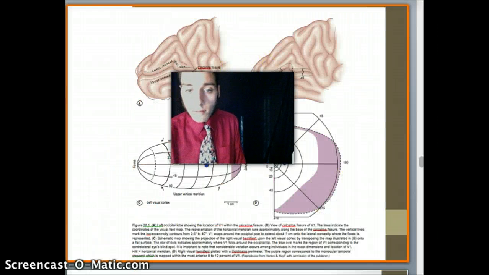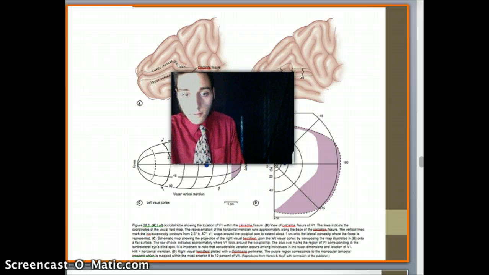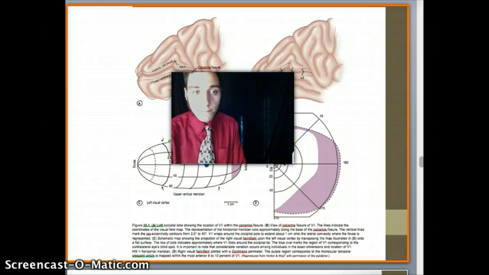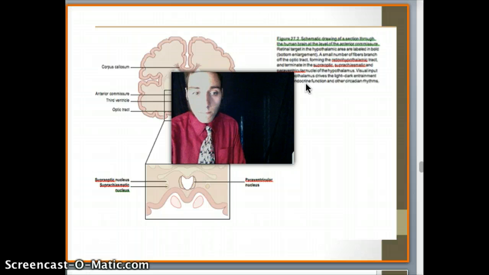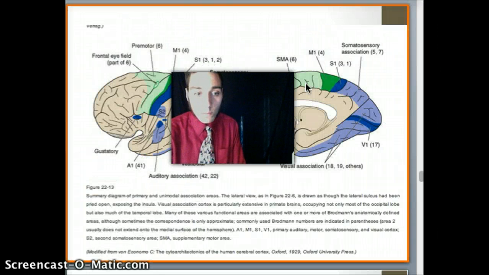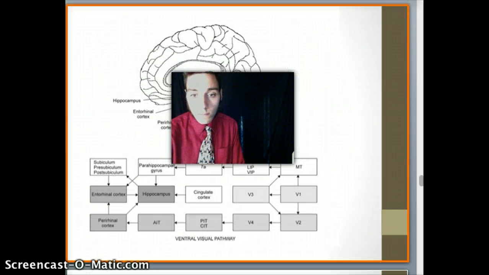This is the V1, the V1 ventral area. So there is a sort of hierarchical level of processing.